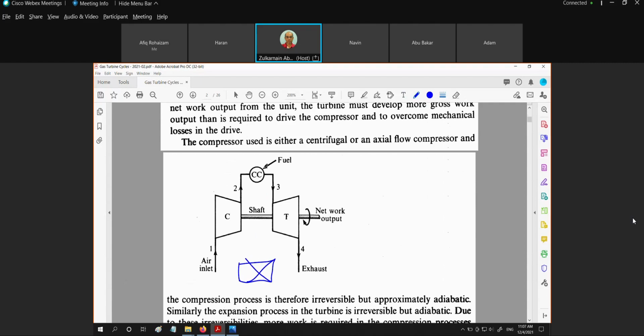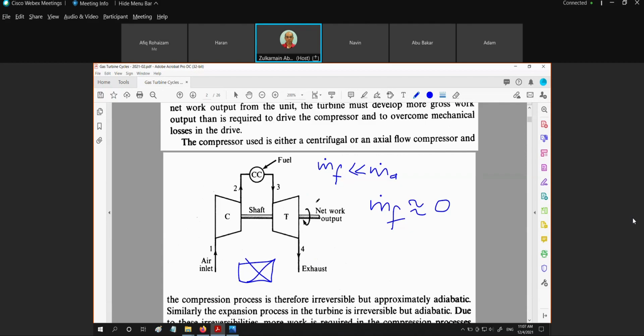And then in the combustion chamber, we are going to inject the fuel, and we are assuming that the m dot of the fuel is much less than the m dot of air intake. So we neglect the mass flow rate of the fuel, making it 0. Then we have the turbine, the expansion process, and the turbine will produce our positive work.